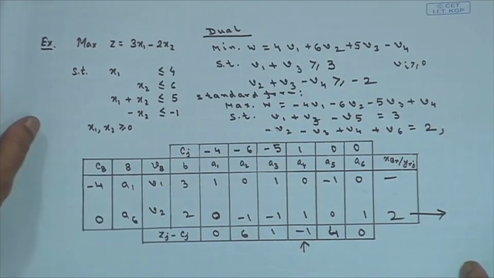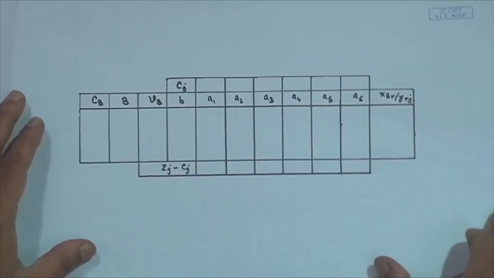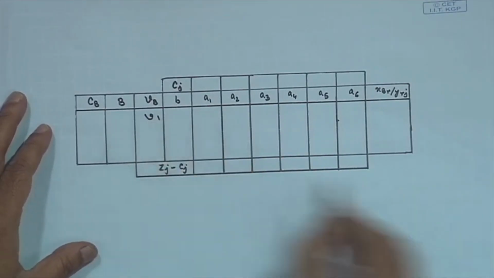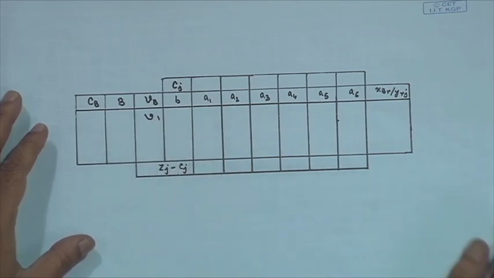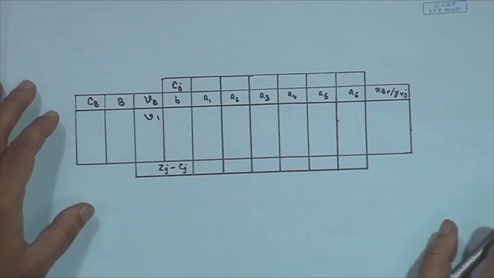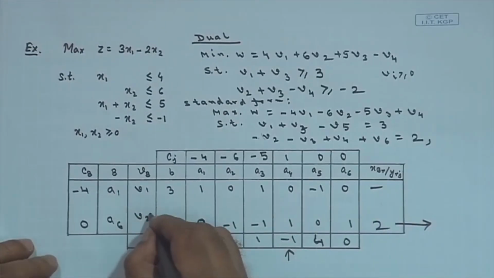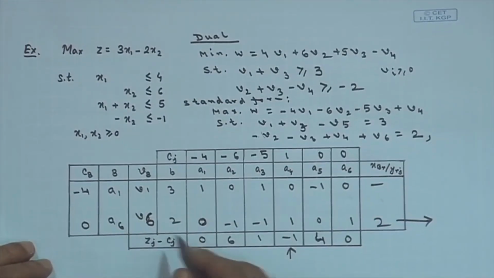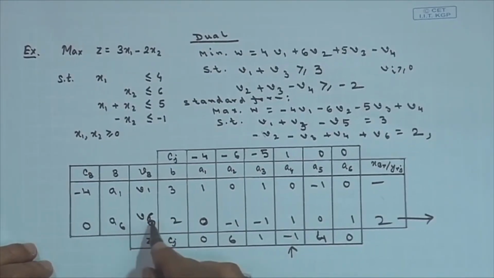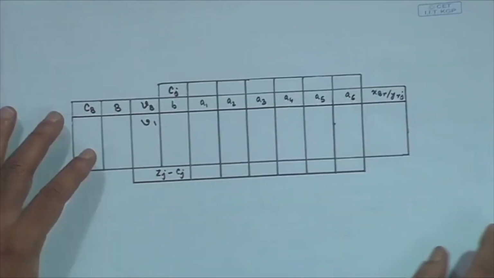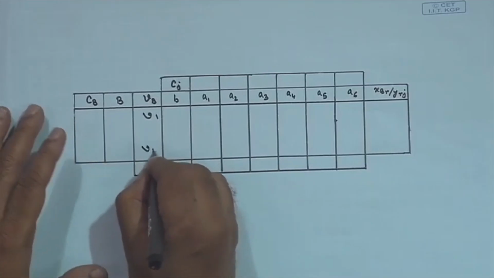So, from here we are making the next table. In the next table you will have V1 and V4; A6 will be going out over here. I am sorry, I made a mistake. This will be V6 only, not V2. V6 is going out, so in place of V6, V4 will come.